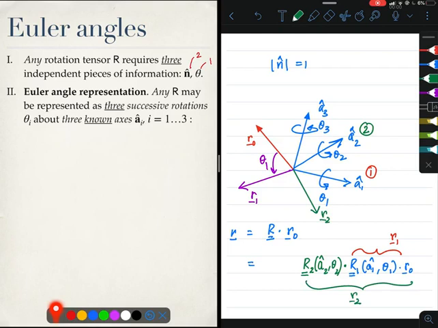The final thing is, take hold of r2 and rotate about this axis a3 by this amount theta 3.